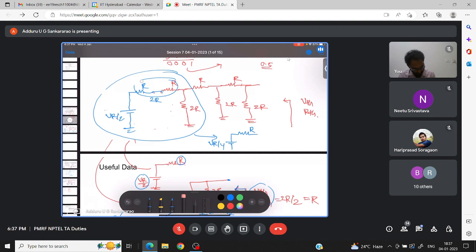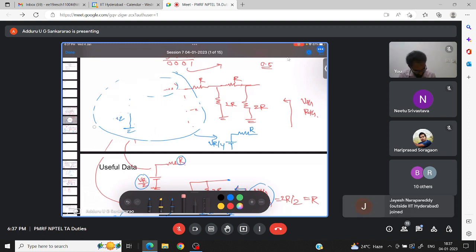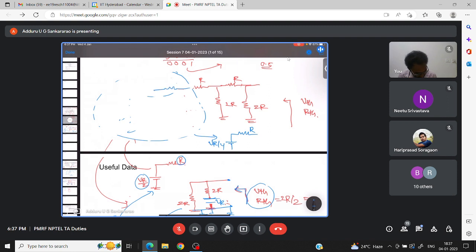That means I am arranging this. Same now I am replacing with R, VR by 4. Okay. Now next time what will happen? VR by 8 it will become. Next is VR by 8 it will become. Next is VR by 16 it will become.